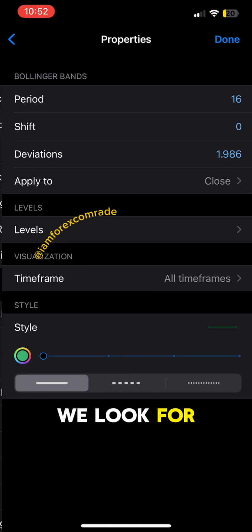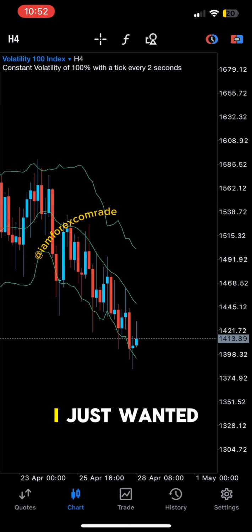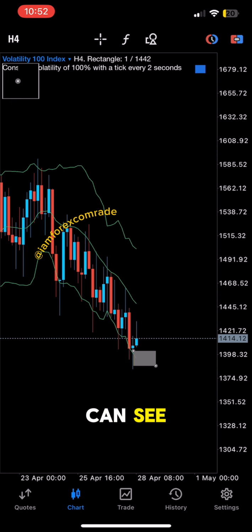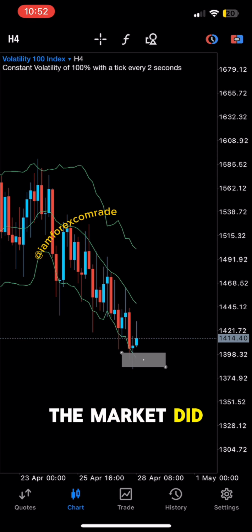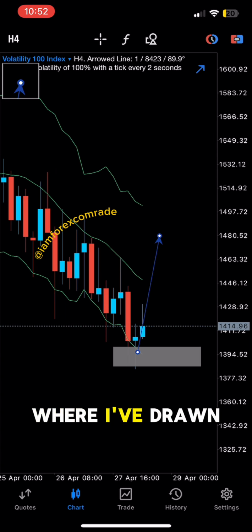So what do we look for in a downtrend? This one, I just wanted to use the Bollinger Band strategy. As you can see, the market did a little bit of a Bollinger bounce at the point where I've drawn the shadows.